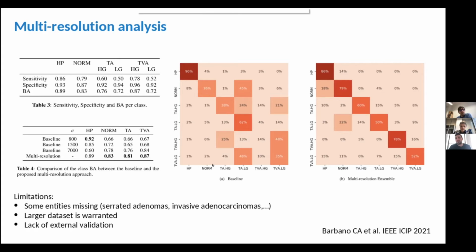Well, then, of course, there are still some limitations in this work. Even though we were able to include both the dysplasia grade and the adenoma type, and also a normal class, not all of the polyp classes are included. Let's say some of the serrated adenomas are missing. And of course, if we can collect more data, that's always a better thing.